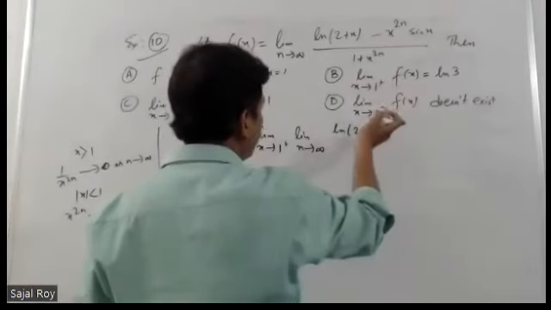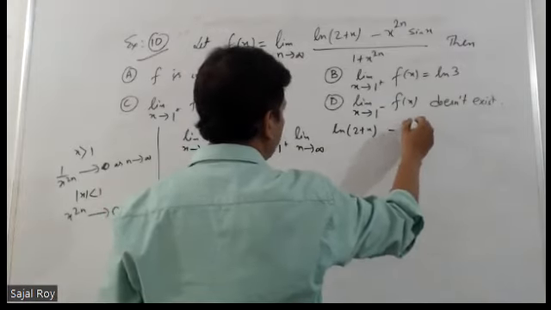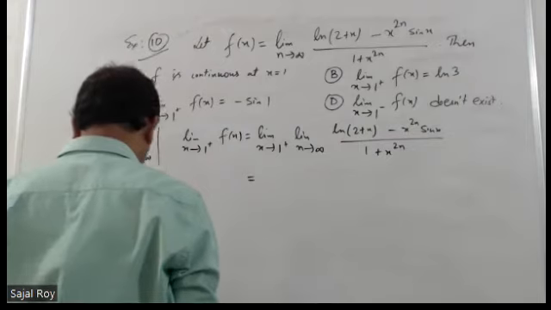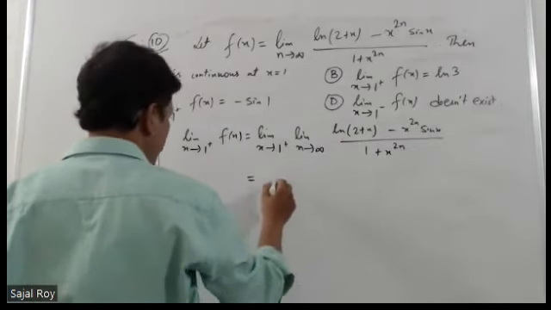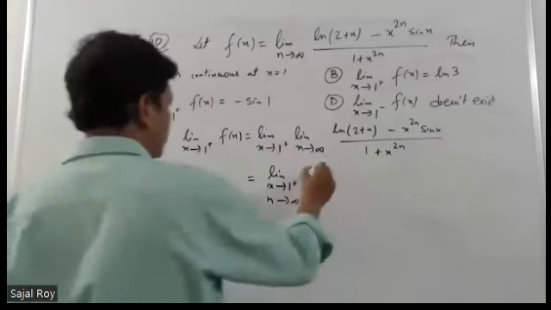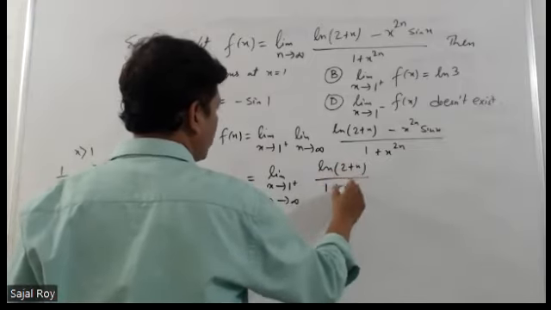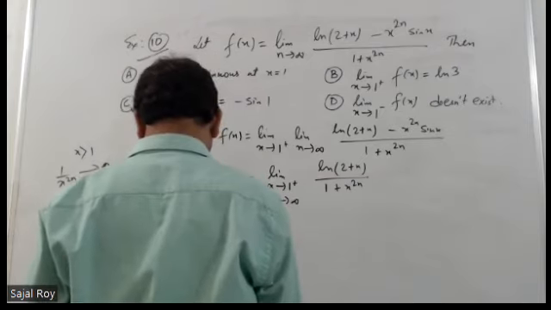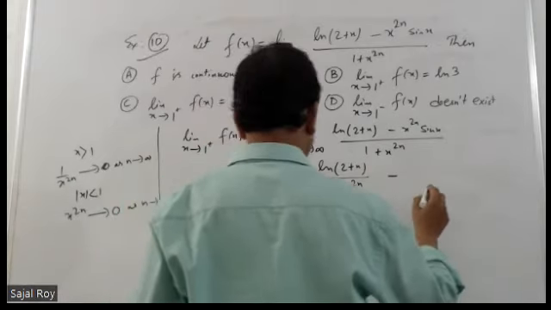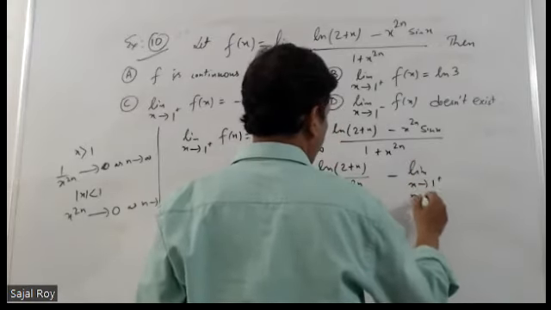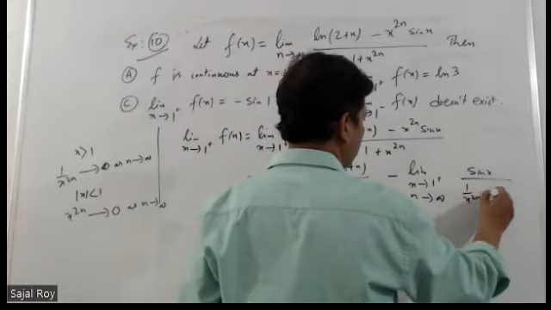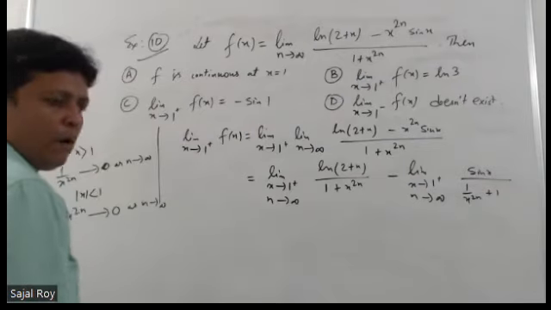So I will write 1 by x to the power 2n. That is equal to limit x tends to 1 plus, n tends to infinity, we are writing one limit only instead of writing both limits, of ln(2 plus x) over 1 plus x to the power 2n, minus limit x tends to 1 plus, n tends to infinity of sin x times this part by this part.